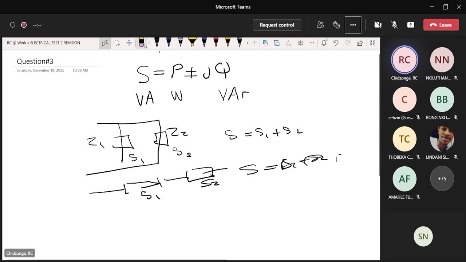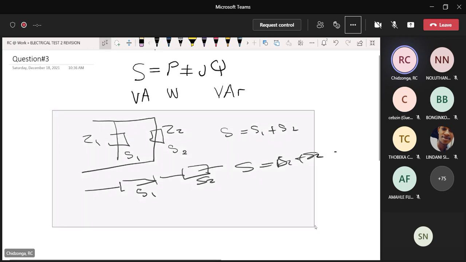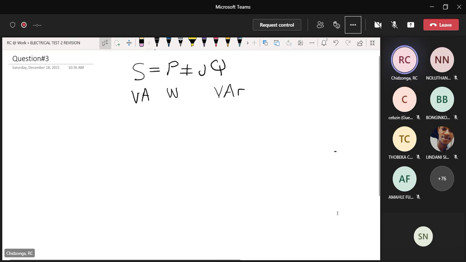Power is power. You add it. The only thing you have to take care of is the correct representation of the apparent power: if it's inductive, if it's capacitive, if it's real, you have got to express it correctly.